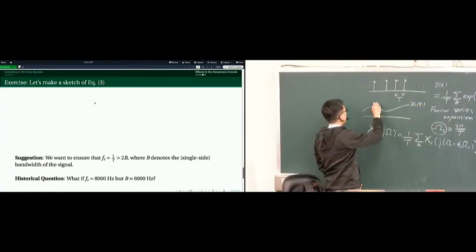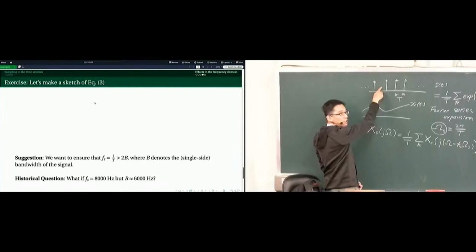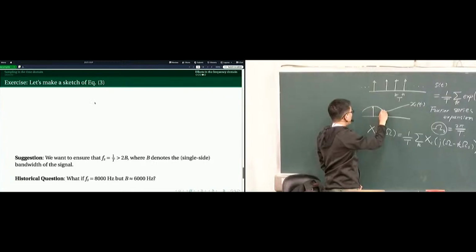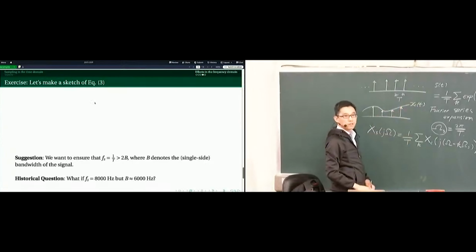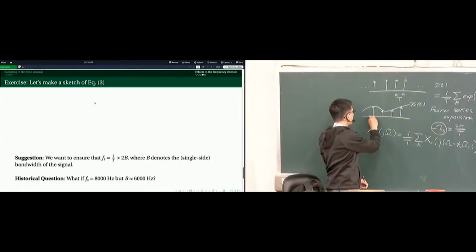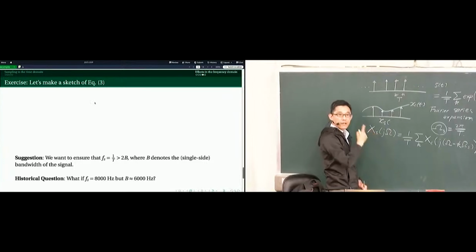When we multiply this signal with S, we still get a series of spikes with their height modulated by the amplitude of our signal. We call this x sub s, where s stands for sampling.